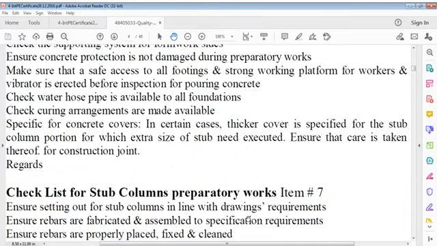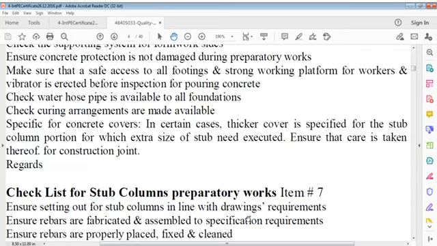Make sure that safe access to all footings and a strong working platform for crew or workers and vibrator is erected before inspection for pouring concrete is conducted. Check a water hose pipe is available to all foundations.